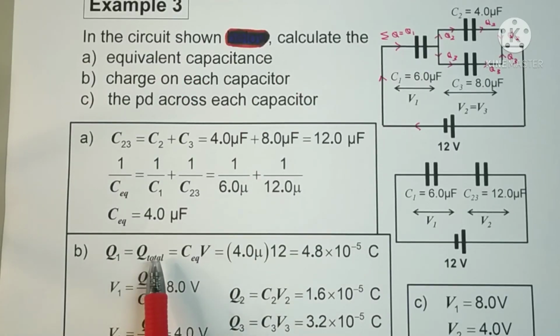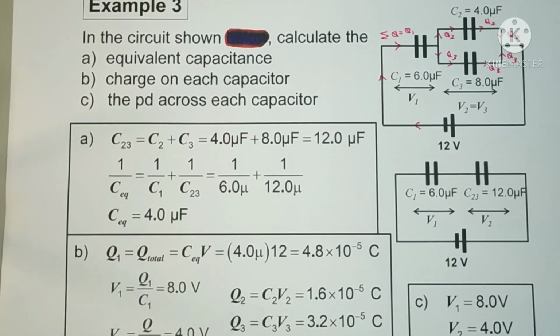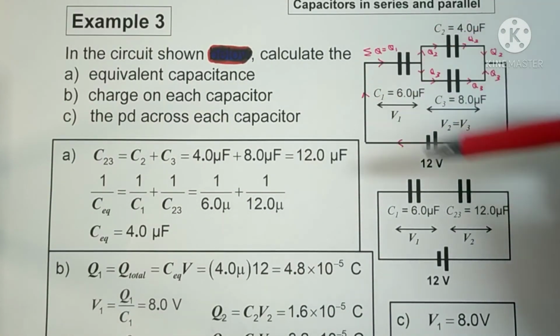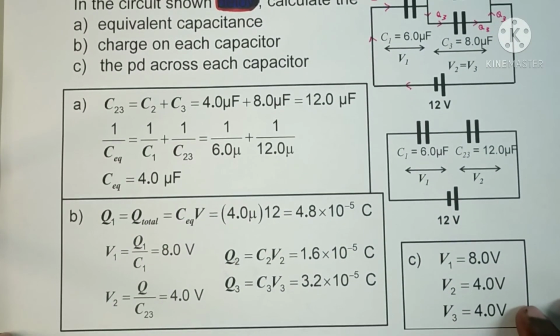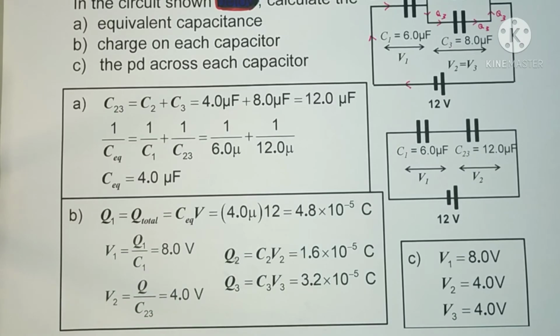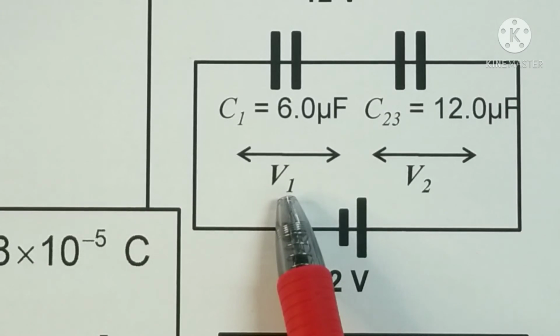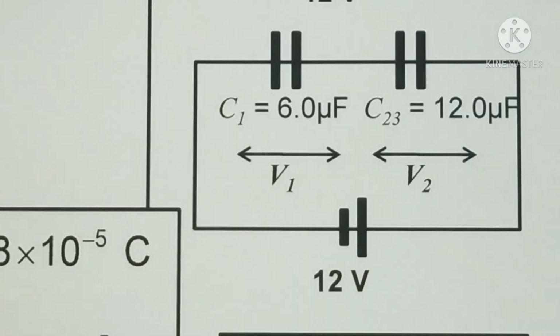The total charge, which is equal to Q1, equals C equivalent times the total potential difference in the circuit, which is 12 volt, which is equal to 4.8 times 10 to the power of negative 5 coulomb. Once we get the charge for C1, which is Q1, we can find the potential difference across C1, which is 8.0 volt. So V1 is equal to 8.0 volt. When we take 12 volt minus V1, we get V2.